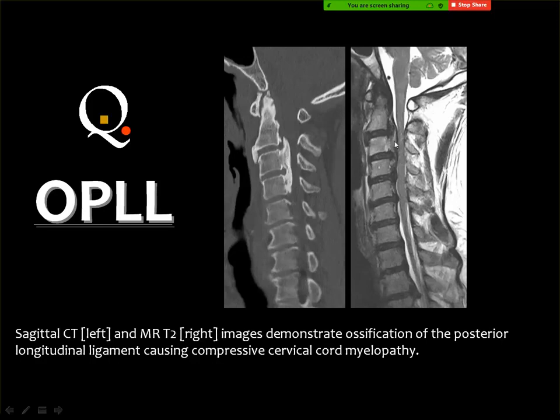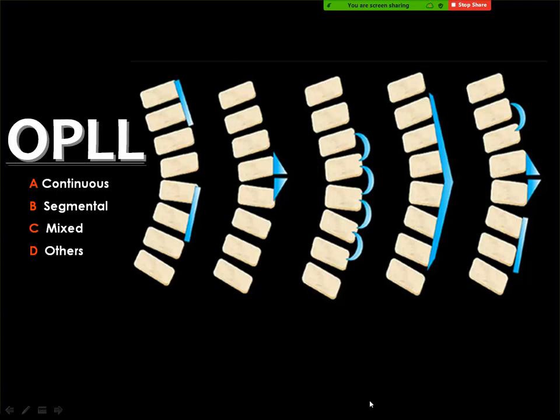Then you may see some fat inside the ossified ligament in both T1 and T2 weighted images, and this will not change the diagnosis of ossification of the posterior longitudinal ligament.